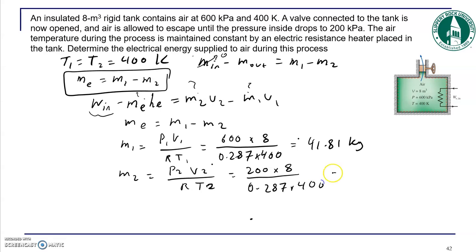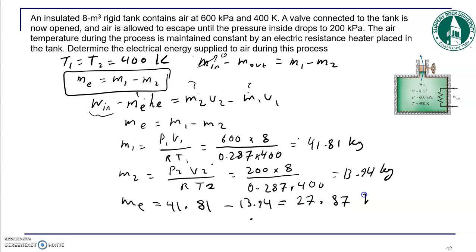Temperature stays constant, so that's 13.94 kilogram, right? Okay, so what is m_e then? m_e is equal to m1 minus m2, so 41.81 minus 13.94, which is equal to 27.87 kilogram, right? So that's the mass that left our system.